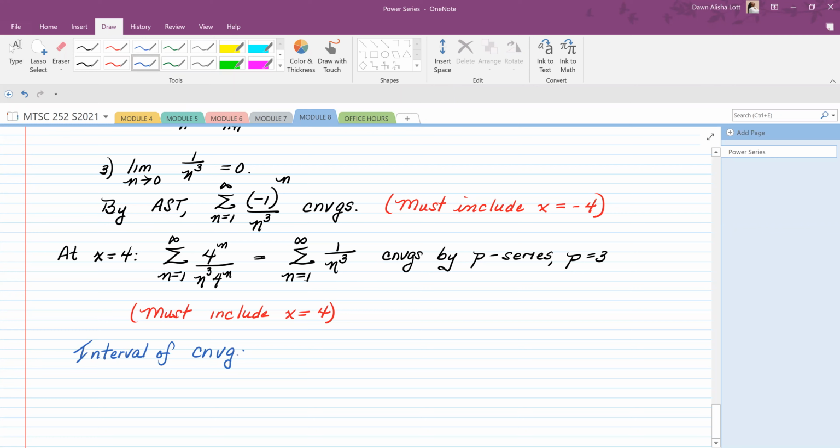My interval of convergence is now -4 less than or equal to x, less than or equal to 4. Okay, any questions about that?